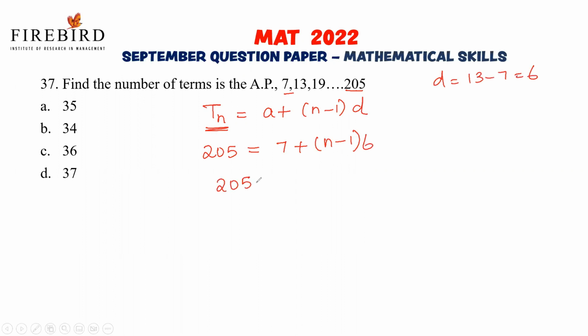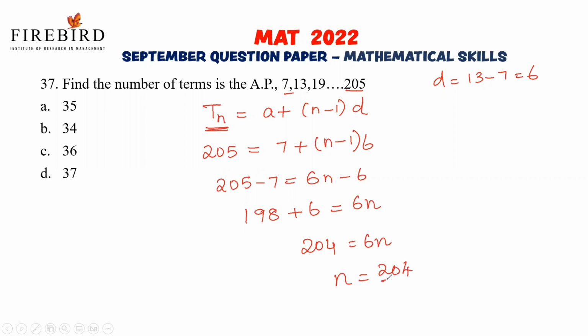So 205 minus 7 is equal to 6n minus 6. 205 minus 7 is 198, and minus 6 moving to the other side becomes plus 6, equal to 6n. So 204 is equal to 6n, so n is equal to 204 by 6. 6 threes are 18, 6 fours are 24, so 34 terms are there.